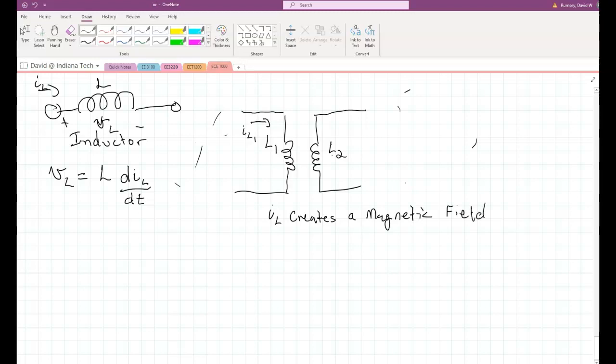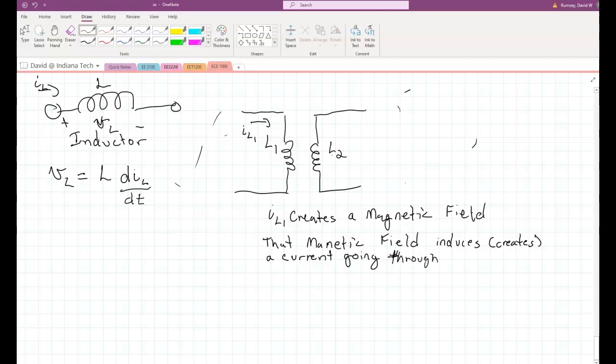But then what happens is that magnetic field induces, which is a fancy word for creates, a current going through L2.